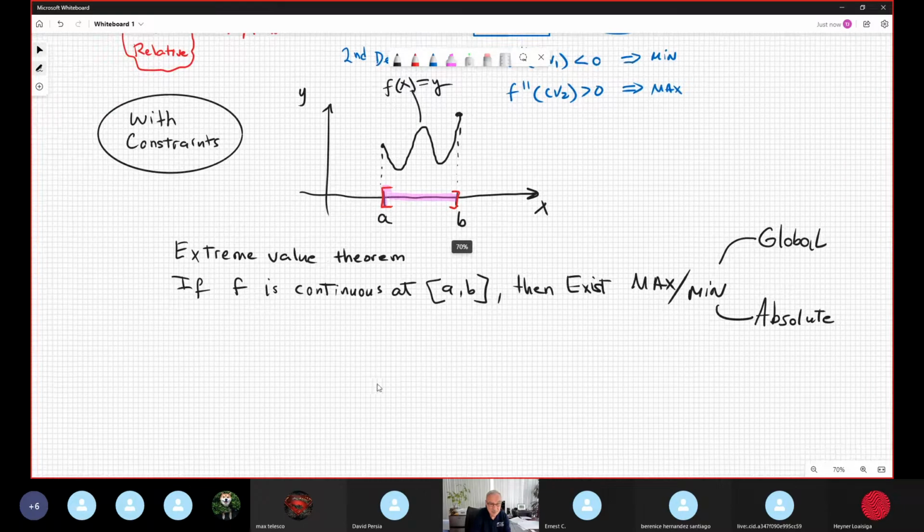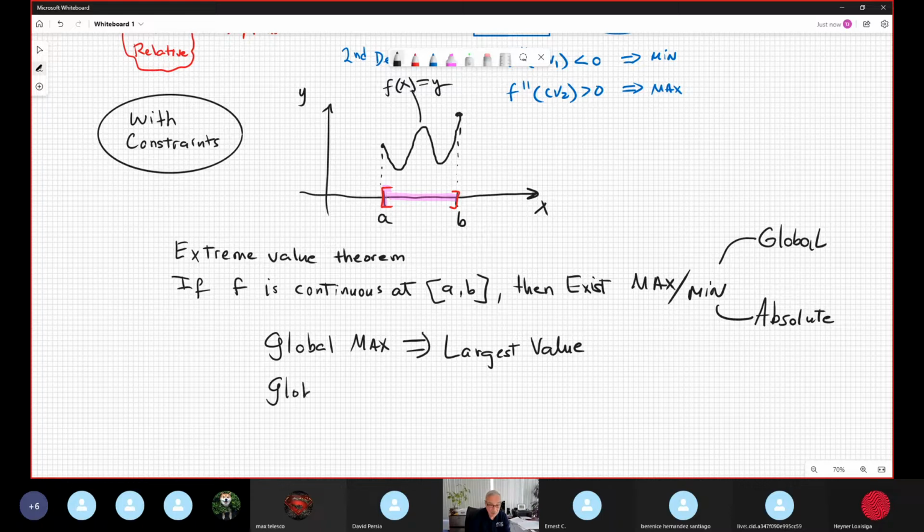Well, the global max is equal to the largest value of the function inside the specific region. And the global min is the smallest value inside.